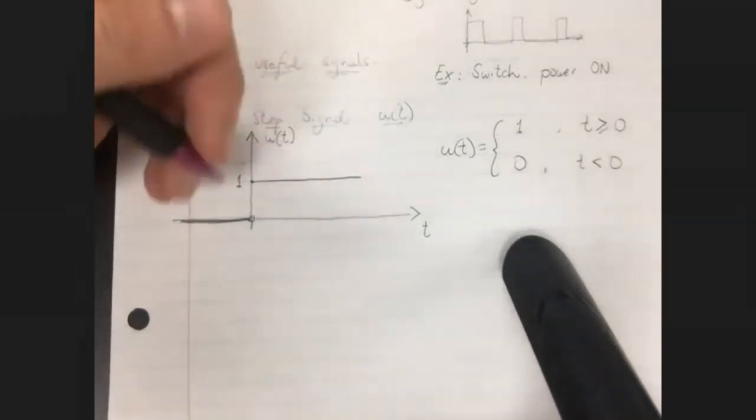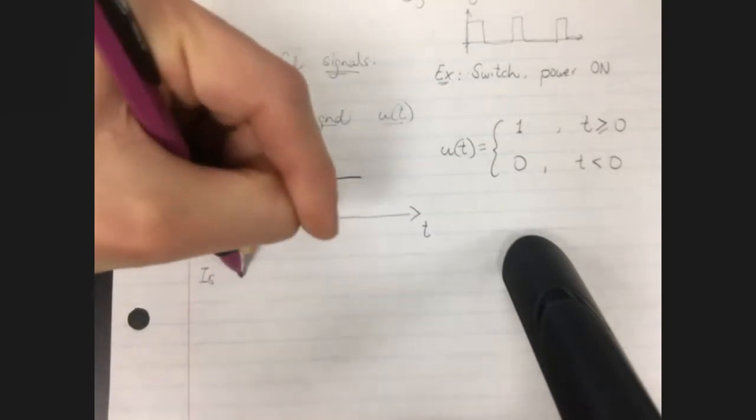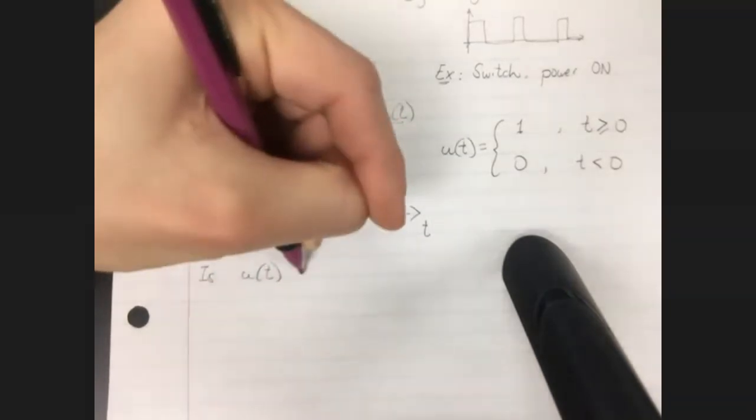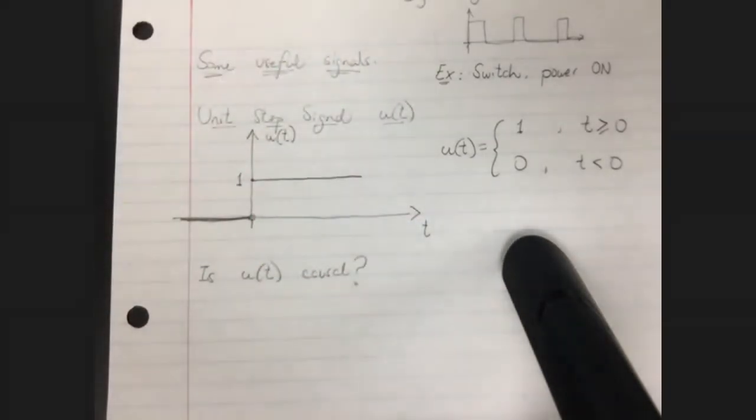All right, let's practice a couple of things that we learned recently. Would you say that this signal, u of t, is a causal signal? Look back at your definition and you can tell me whether you think it's causal or not.